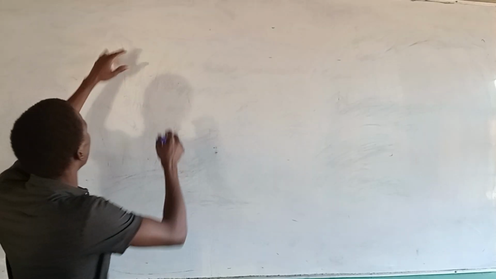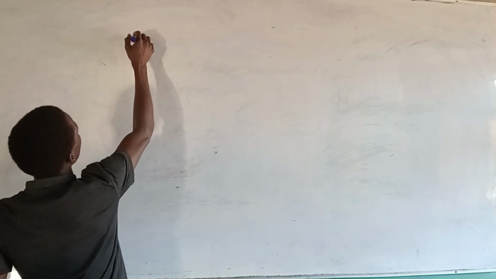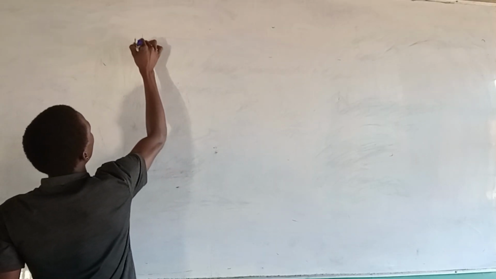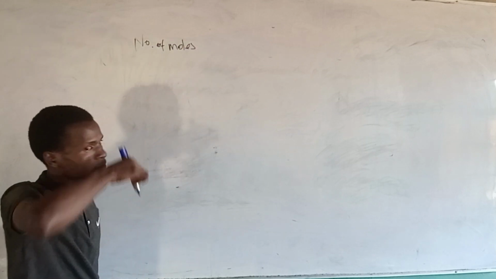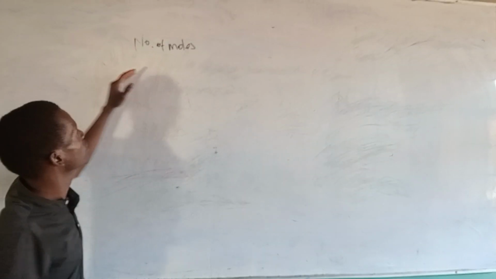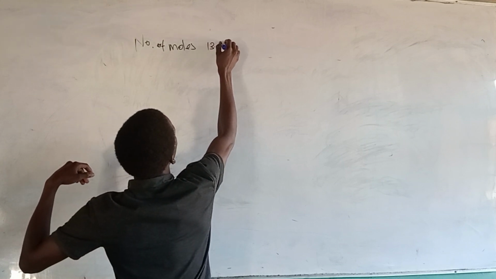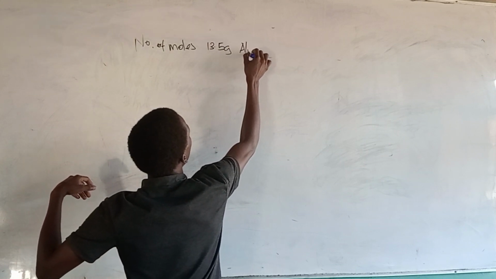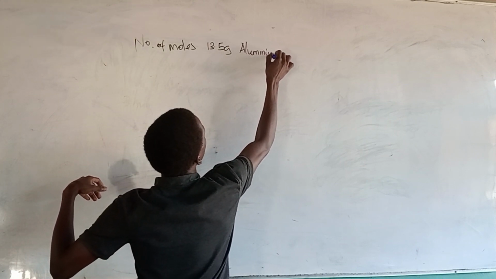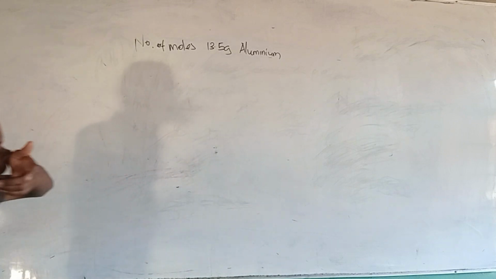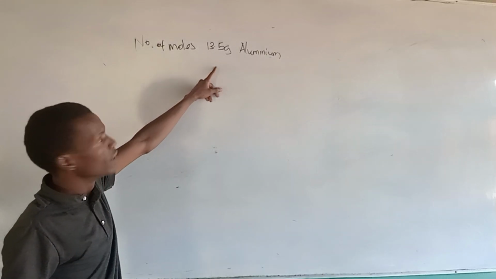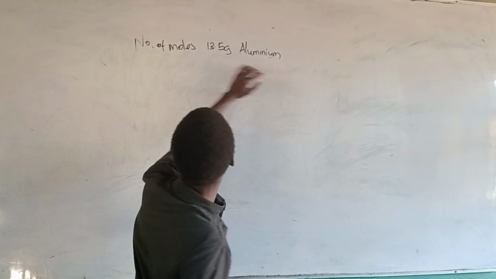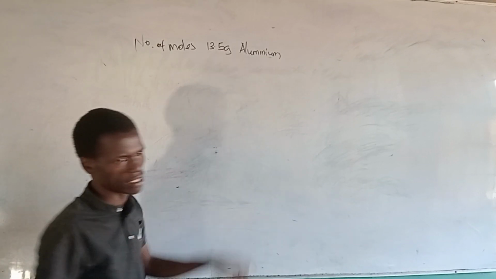Determine the number of moles in 13.5 grams of aluminium. What we know here is that we want to determine the number of moles in 13.5 grams.